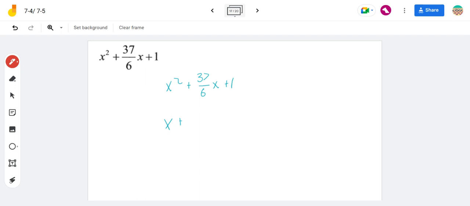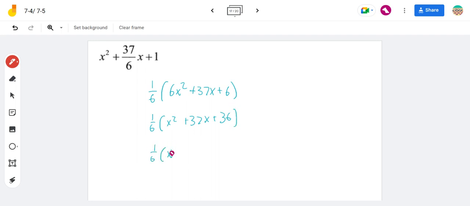So we make all of the coefficients integers. If we factor out the 1 over 6, we have 6x squared plus, and then you can deal with the easier integers instead of the fractions.